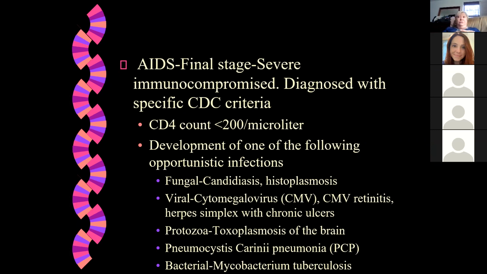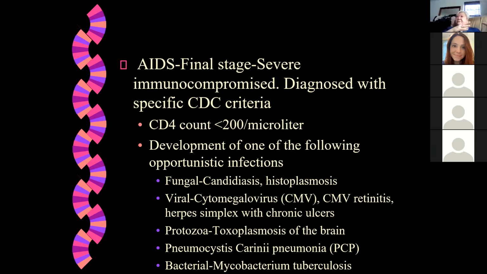All right, so the Center for Disease Control has said, what makes you move into the diagnosis of AIDS? In order to have AIDS and not just be HIV positive, you have to have one criteria, just one. Now, that criteria has to start with the phrase, if you are HIV positive and you have one of the following, you now have AIDS.